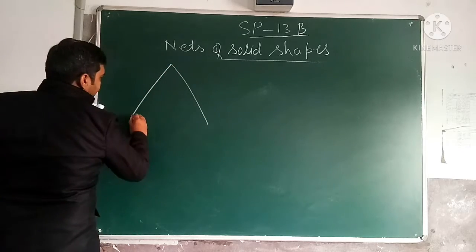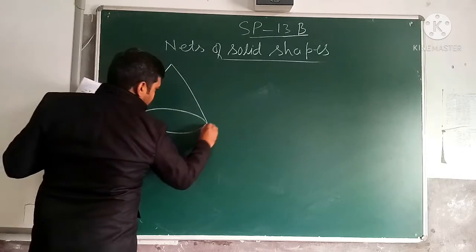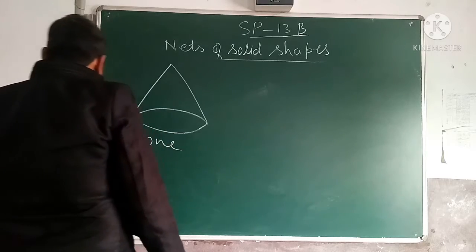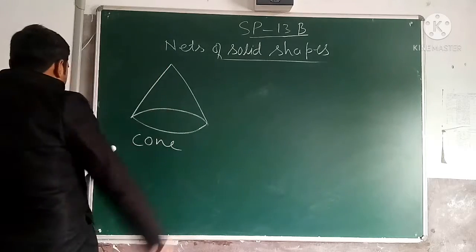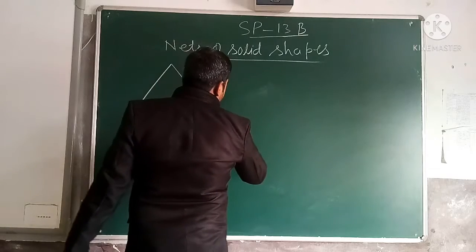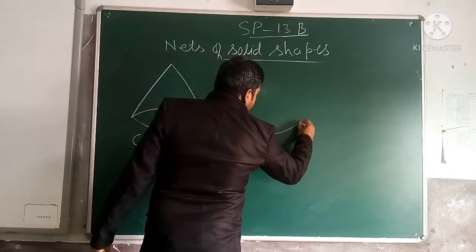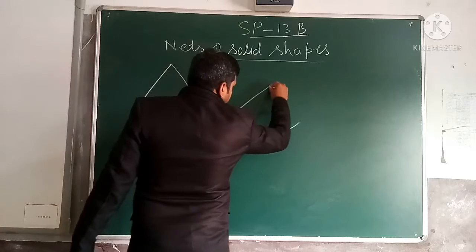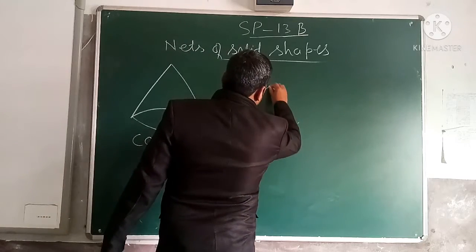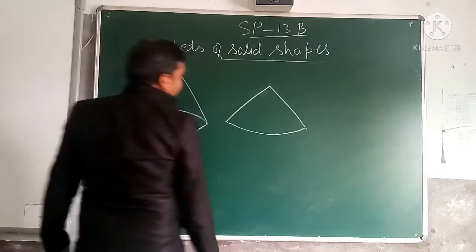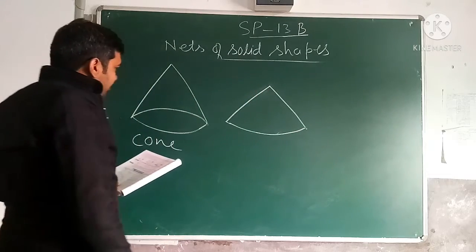This is a cone. Now how are you getting this cone? You will get a curved part, a shape like this.